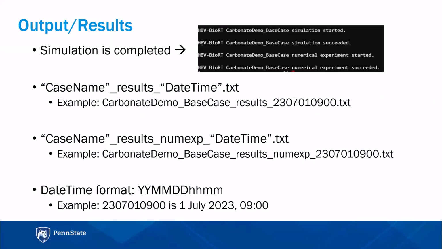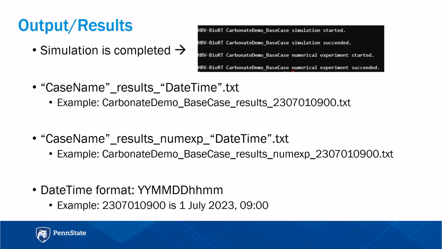As we saw in the terminal, once we see the lines HBV BioRT, case name, simulation, and numerical experiment have succeeded, that means that our output files have been generated. To break this down a little bit, the name of the results files follows this format where you have the case name that you defined for your folder, _results _ date time.